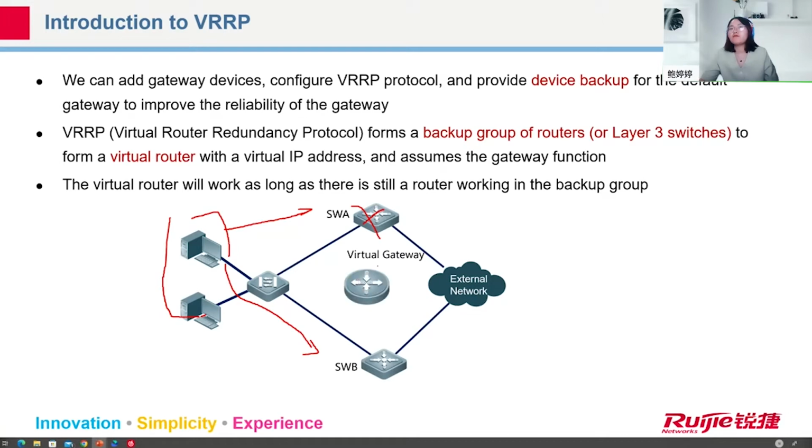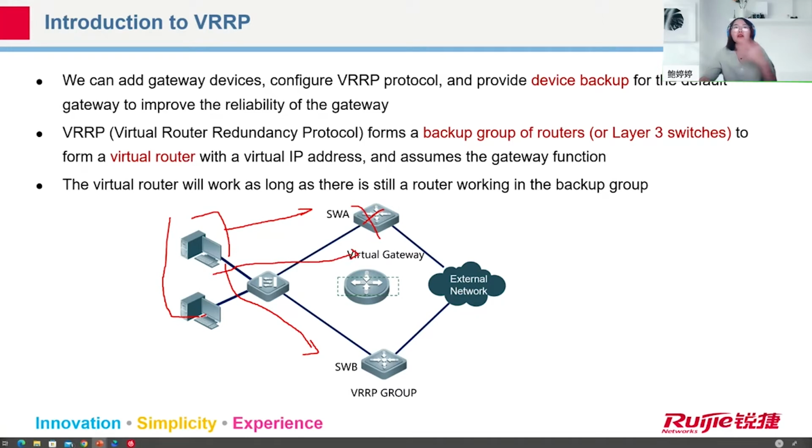So if you deploy VRRP in your network, that means we will create a virtual gateway. This is logical. In this gateway, we let switch A and switch B be in the same VRRP group, and we give an IP address to the virtual group, the virtual router, maybe 10.1.1.3. On the PC, I only configure the gateway address of the virtual gateway.